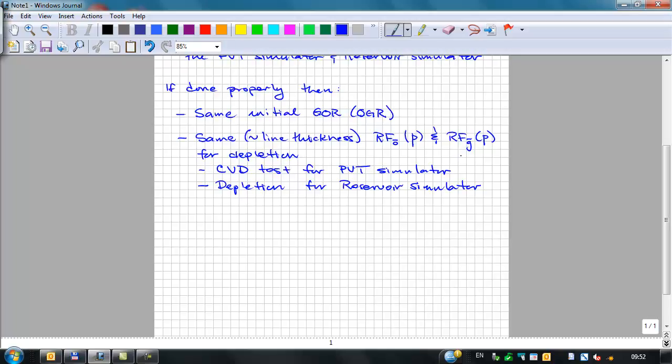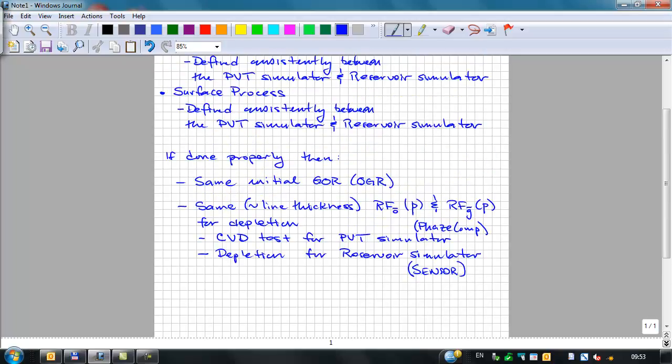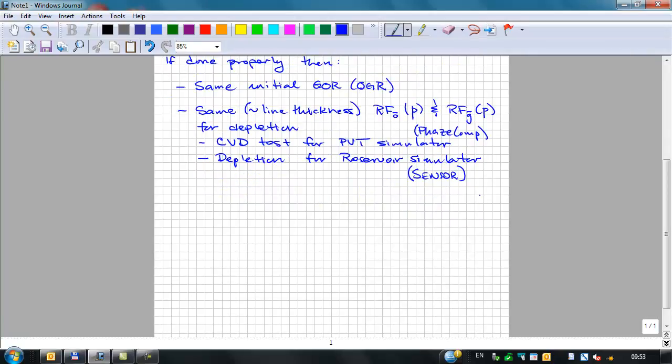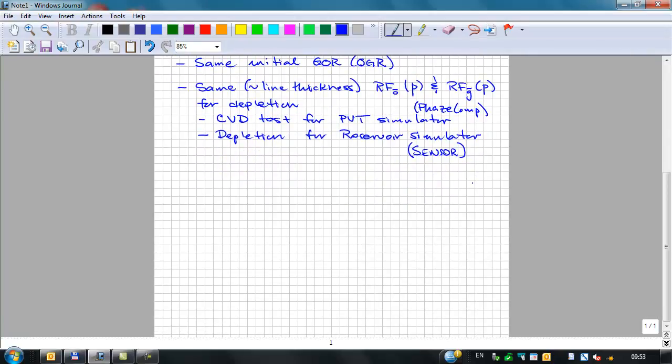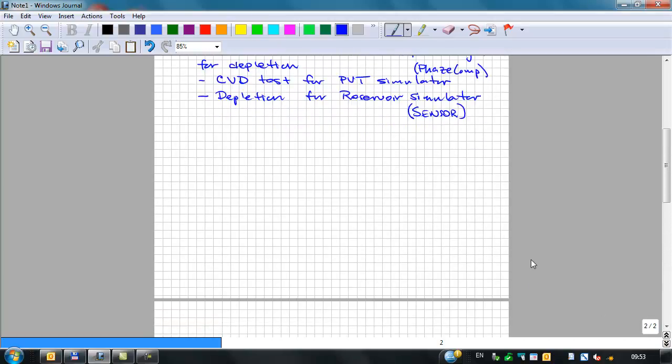Here we're using PhaseComp, but that could be PVTi or PVTsim, whatever you like to use. And we're going to use Sensor, which could be Eclipse 300 or GEM or whatever you want to use there. So this is our goal.